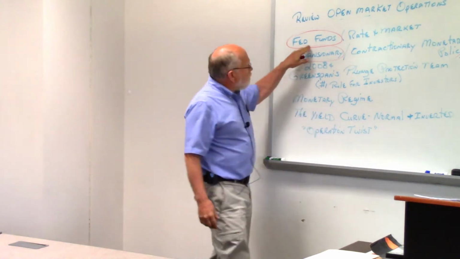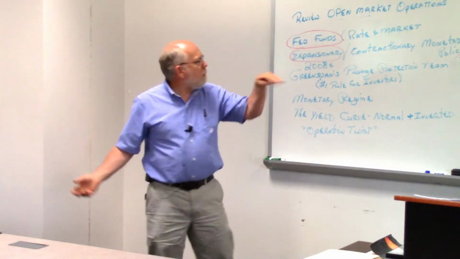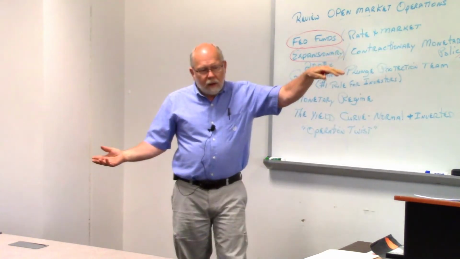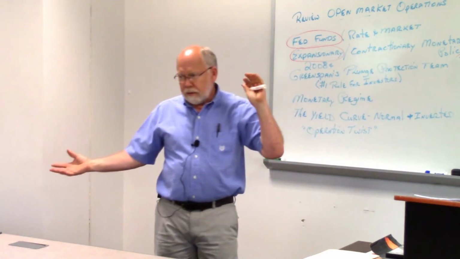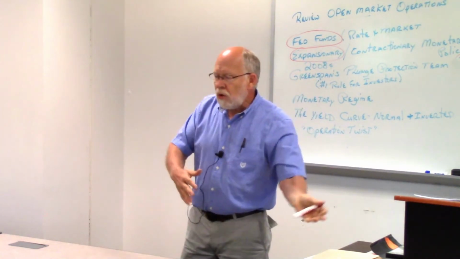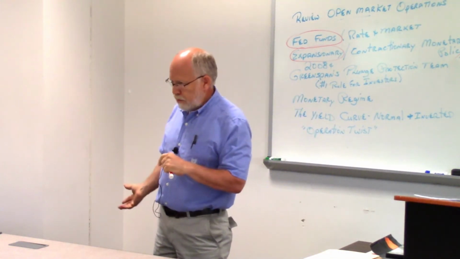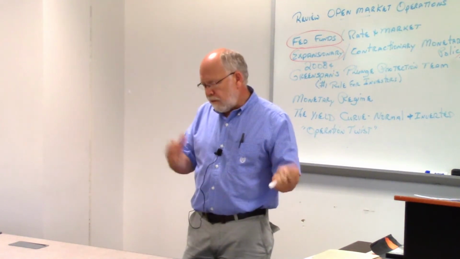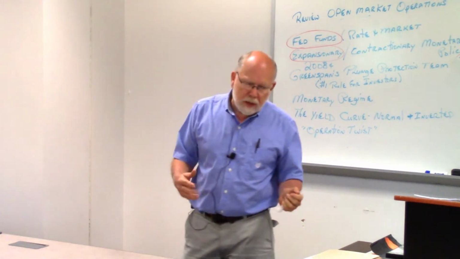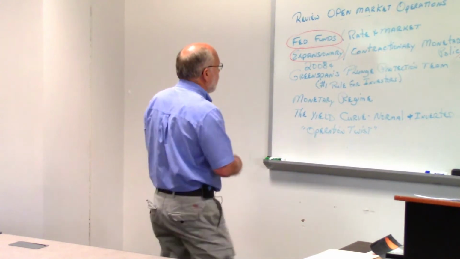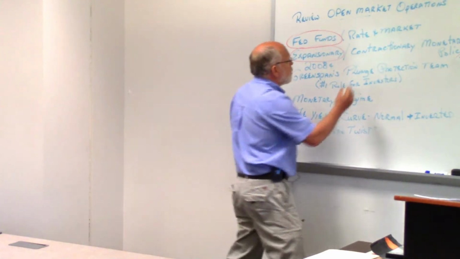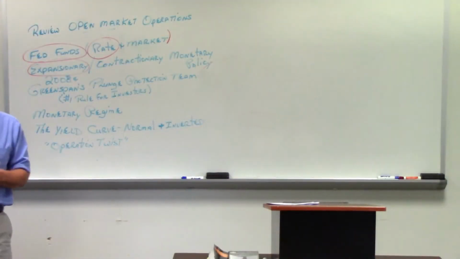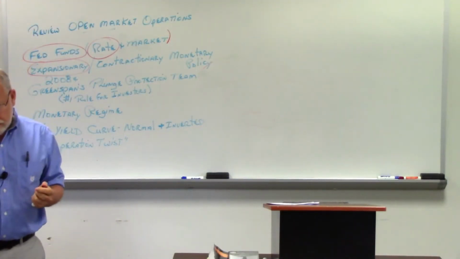So the federal funds market is a trading place in which commercial banks can loan money to one another. They don't loan bank credit. They loan federal funds. They loan high-powered money to one another. And of course, there's an interest rate for those Fed funds.